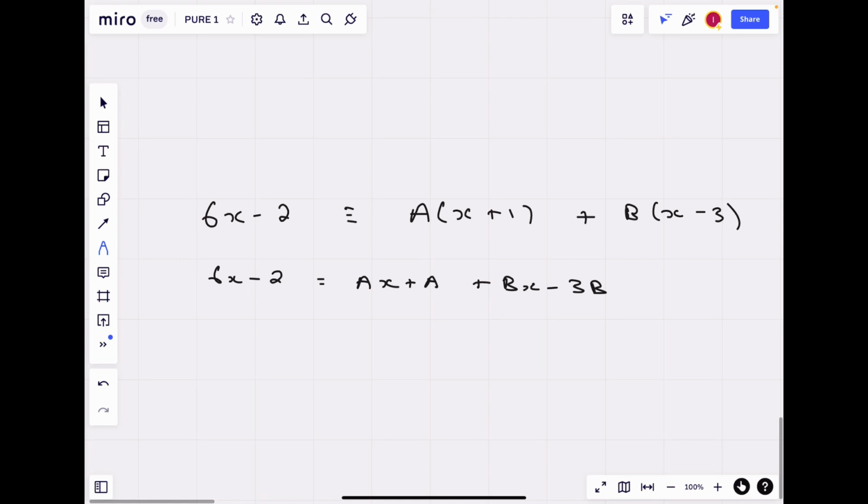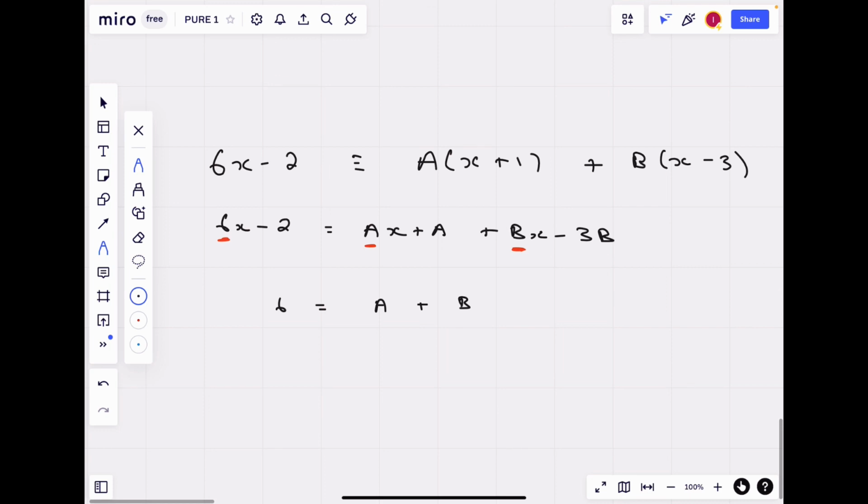The coefficients of x are 6, A, and B. So that means 6 equals A plus B. And then the other coefficients, let's just stick to x's and then non-x's: minus 2, A, and minus 3B.